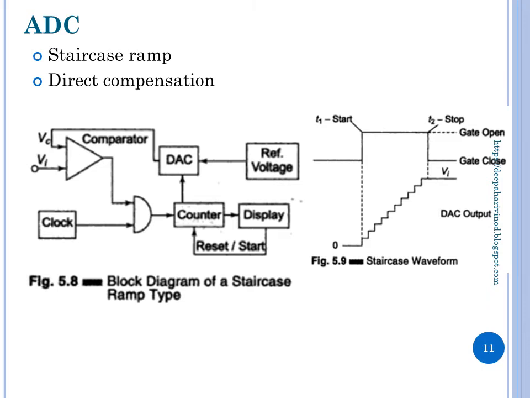Now the clock generates pulses continuously. At the start of the measurement, the counter is set to 0. That is, the counter is reset initially to 0 at time T1.